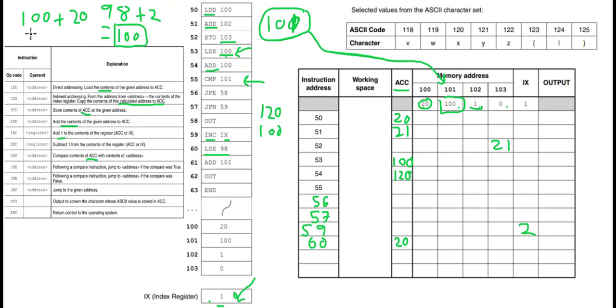That's going to give us 120. So for 61, the accumulator now, because we added it to the accumulator, is 120.